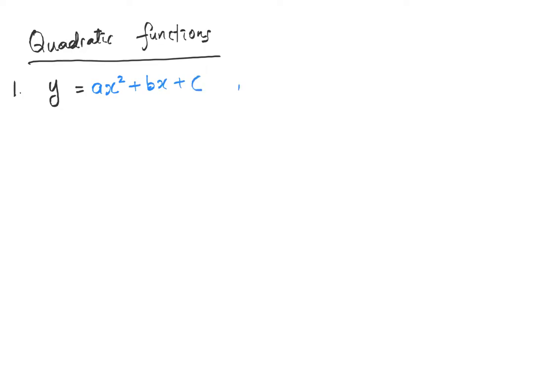Example: general form, so A is 1, B is -3, and C is so on. So what is so good about this general form? What information can you extract straight away from this general form? Go back and think about it.